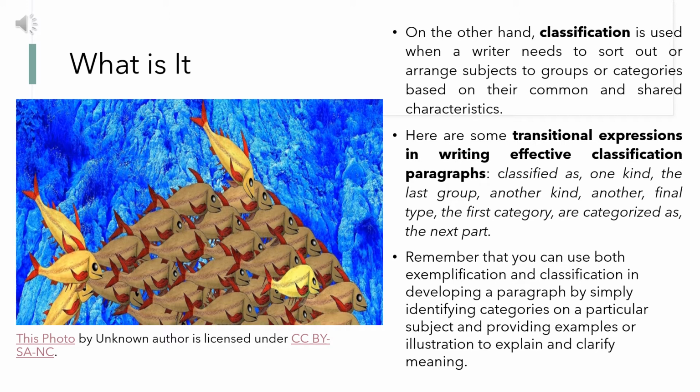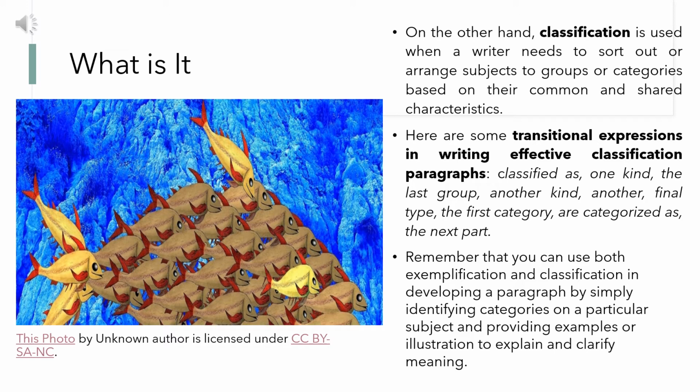Okay? So look at that image. You have there a school of fish, just like in the exemplification or classification paragraph. You should be able to group your ideas. You have to be able to classify your ideas, and the three fish there that serve as the tail can be considered as the topic sentence.